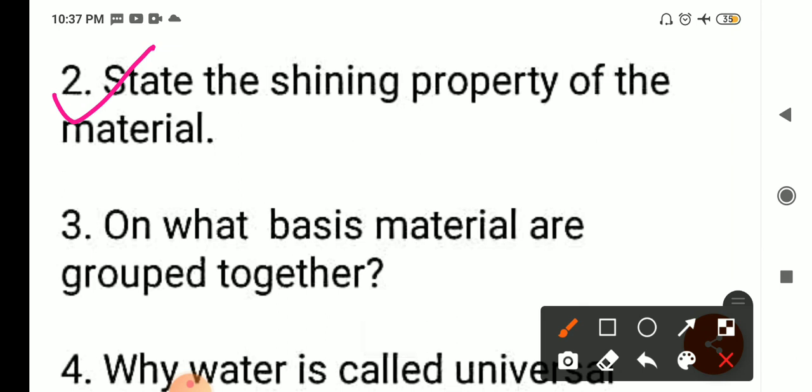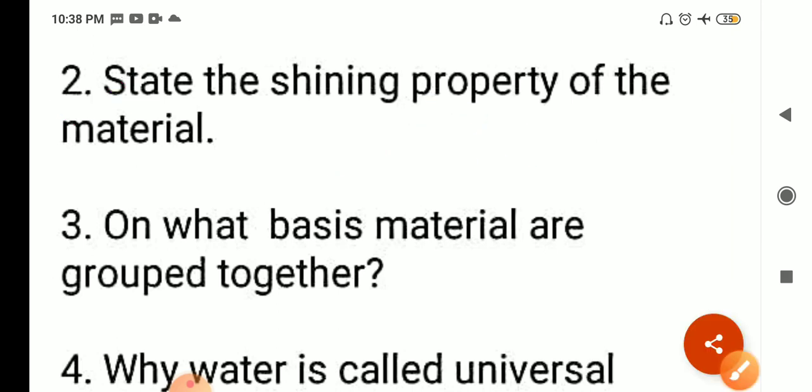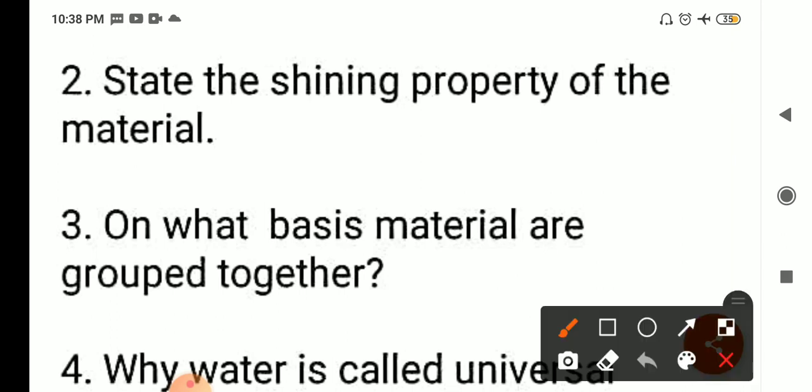State the shining property of the material. I have already told you in the definition also, it is called lustre, right? Shine is called lustre. On what basis are materials grouped together? Or the question is, on what basis will we classify the material? Materials can be classified or grouped together on the basis of similarities and dissimilarities.